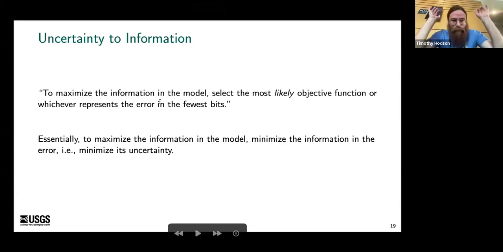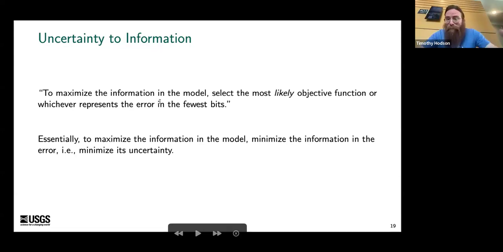Okay, so to maximize information in the model, we're going to select the most likely objective function. Again, that's the probability language, or whichever represents the error in the fewest bits. Throughout the paper, I realize this can be a little confusing, jumping between these different paradigms, probability and information theory.